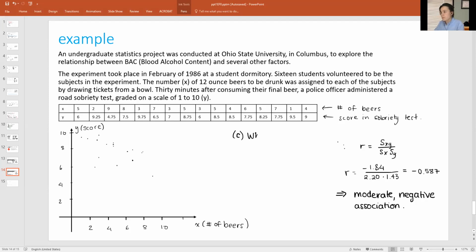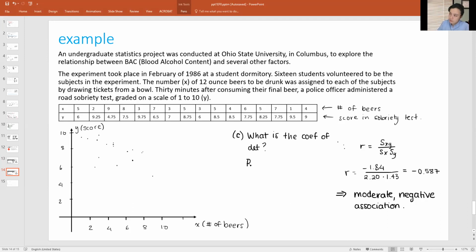So what is the coefficient of determination? Again, it's just a number that we evaluate by squaring R.